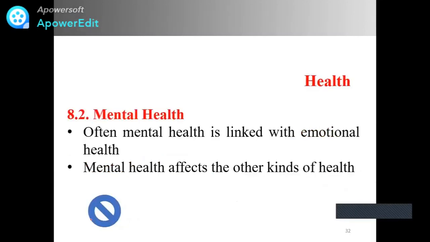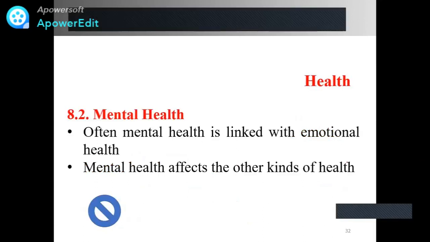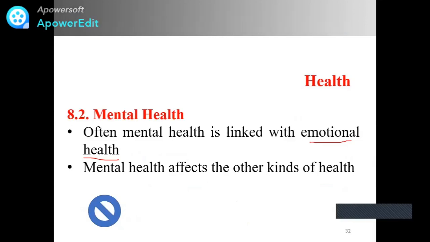Often mental health is linked with emotional health. If you are suffering a physical health issue, it affects mental health. In other words, mental health and emotional health are very close. They are linked together.